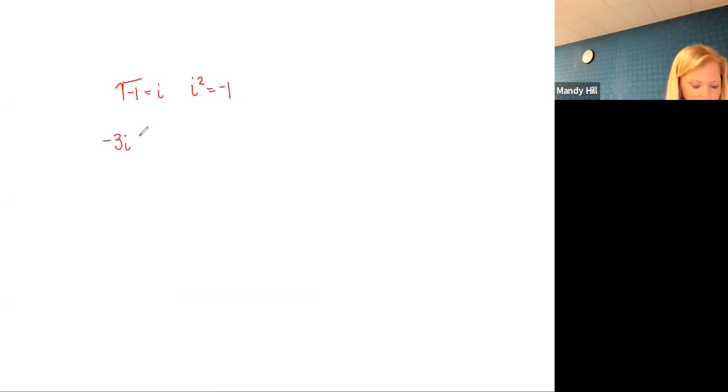So if we have -3i times 1 plus 9i, you're going to take the -3i and multiply it by 1. You're going to take the -3i and multiply it times 9i. So -3i times 1, well, that's just -3i. -3 times a positive 9, that's going to get you -27.